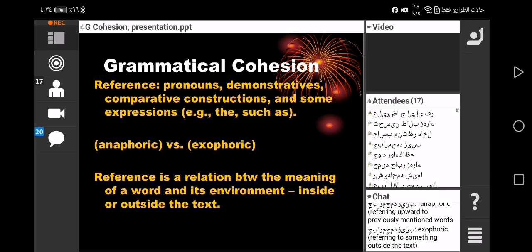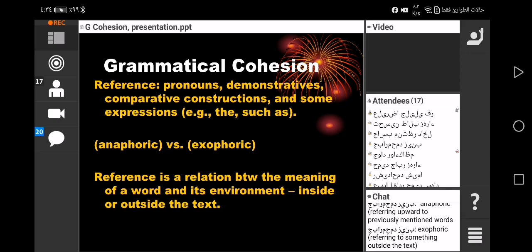And references generally can be of two types, anaphoric and exophoric. Anaphoric references are references which have to do with the text itself. We also call them text references. Exophoric references are references in relation to the phenomena outside the text. So anaphoric references are text references.